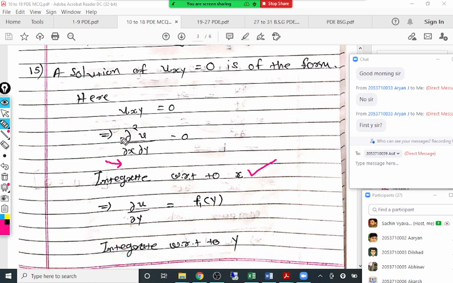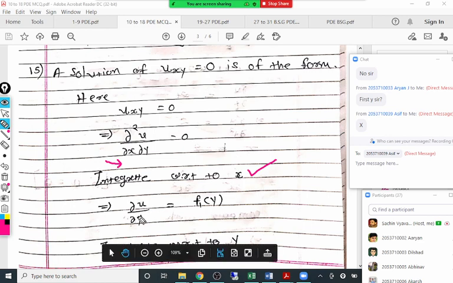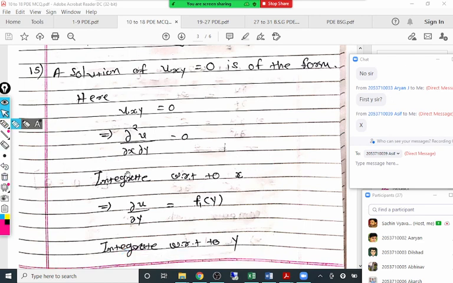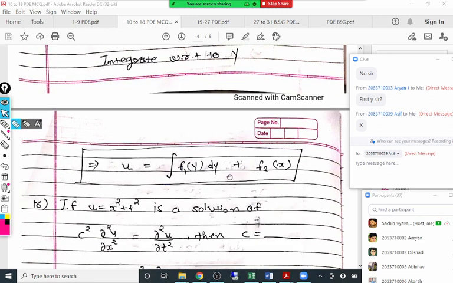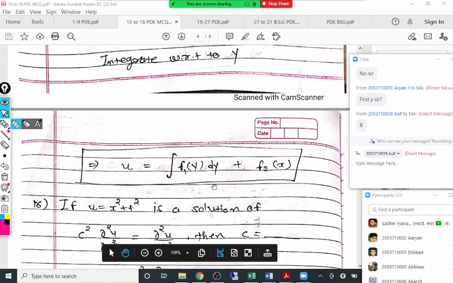We have to remove that first. To remove the outer operator, dou by dou x, we should integrate first with x only. That's written correctly. So we get dou u by dou y. As we are integrating with x, a function of y is a constant, and that's written correctly again here. Now we integrate with y, and this is the answer. Yes, good. The solution of uxy equal to 0 is in this form.